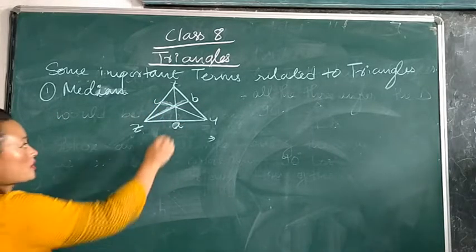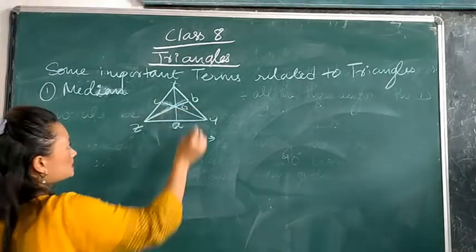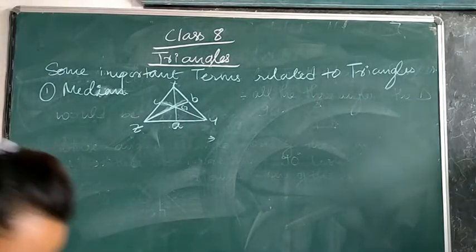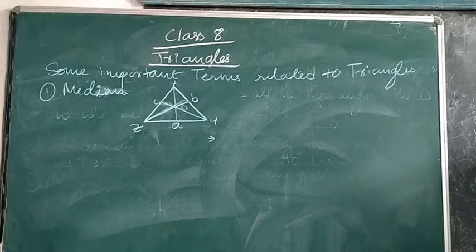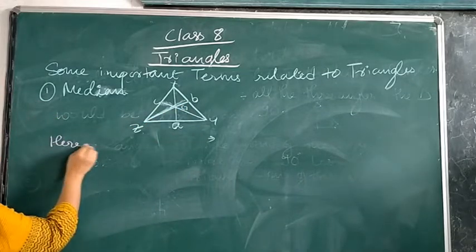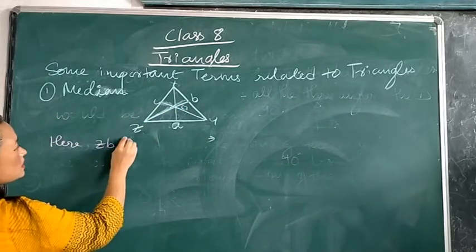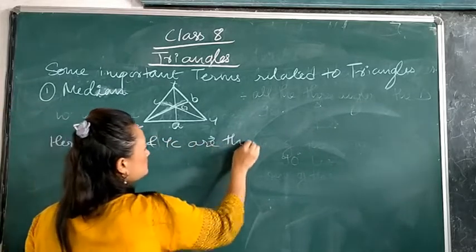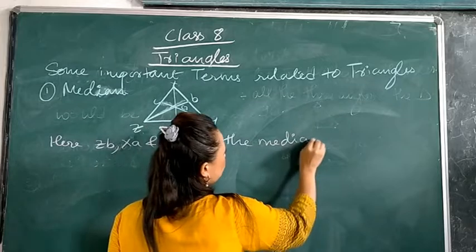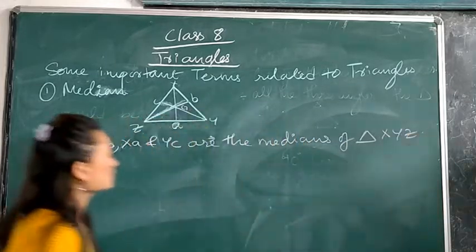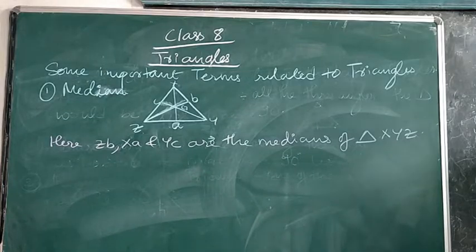Okay, and the point where they all meet. Now you can all see this very well that ZB, XA and YC are the medians of triangle XYZ.